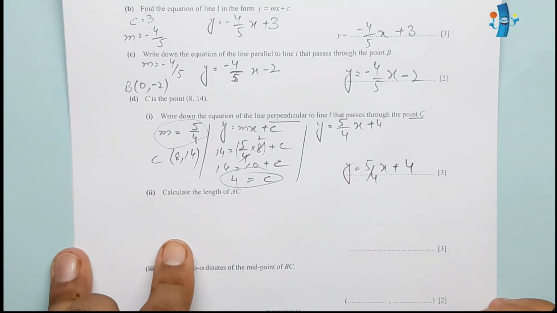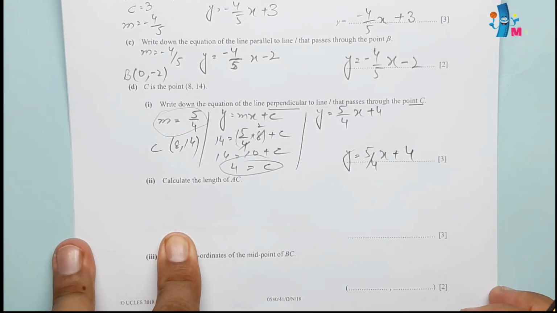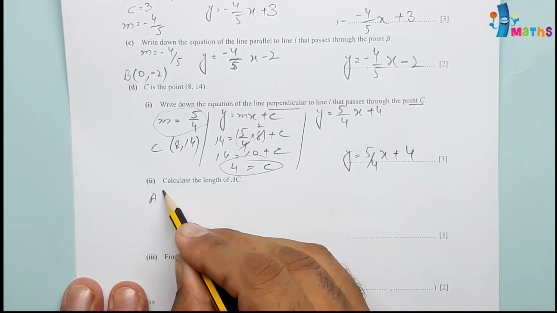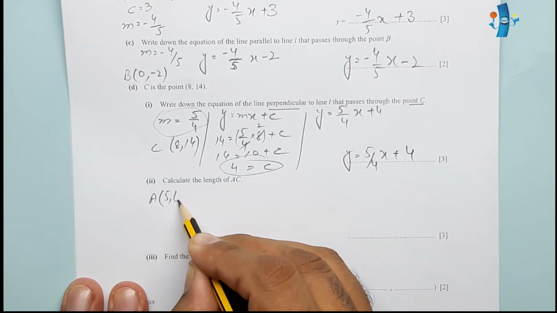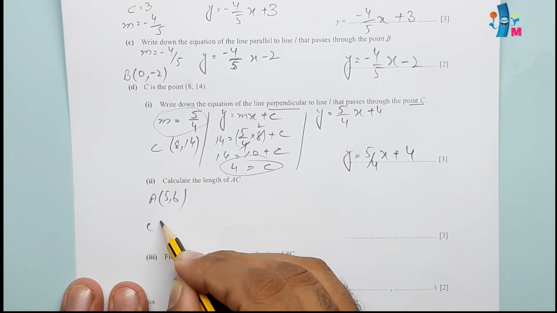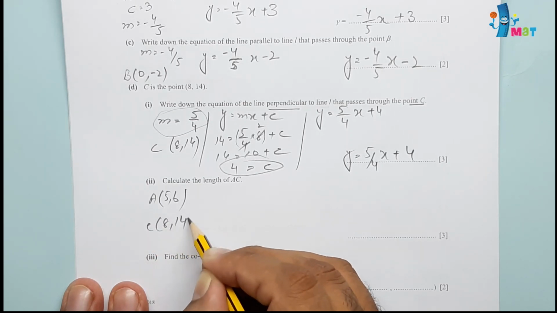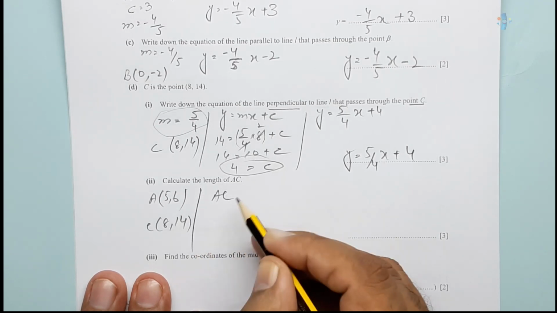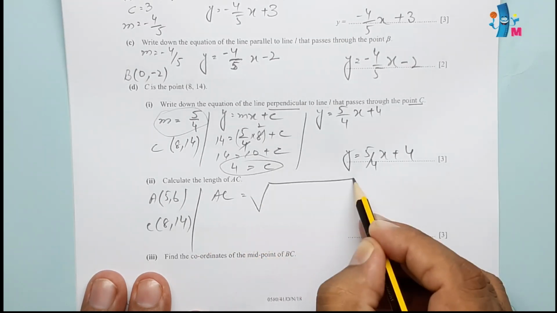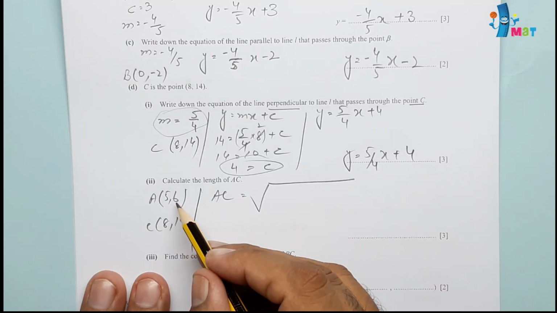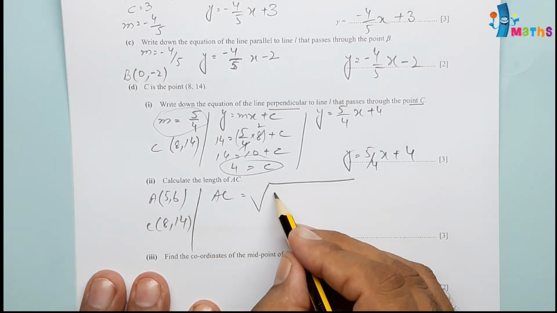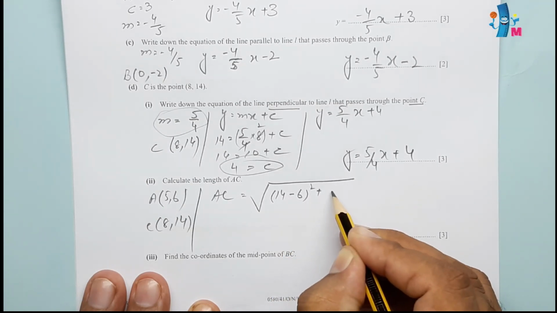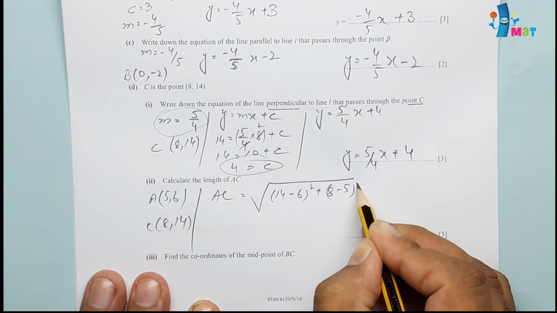Then they are saying calculate the length of AC. Coordinates of A are 5 and 6 and coordinates of C are 8 and 14. So we'll use these two coordinates and use the length formula. AC will be equal to under root of y2 minus y1, so 14 minus 6 squared plus 8 minus 5 squared.